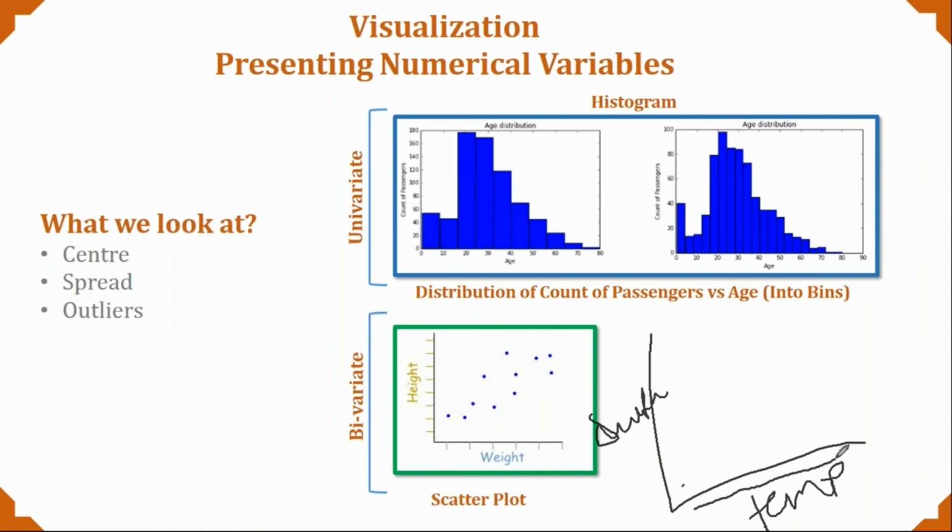If your temperature increases, the sales of your sweater or jumper, whatever your product is, will decrease. So this one is a positive correlation and this one is a negative correlation. Weight increases, height also increases. This is a positive one.